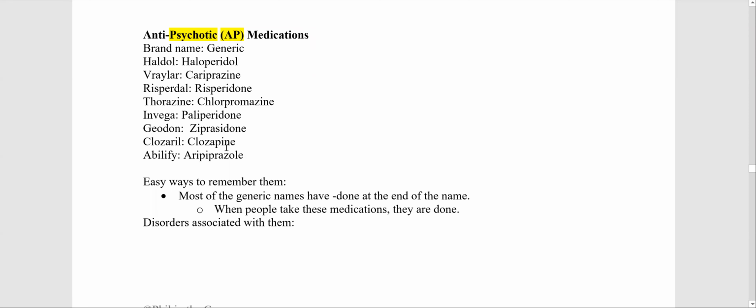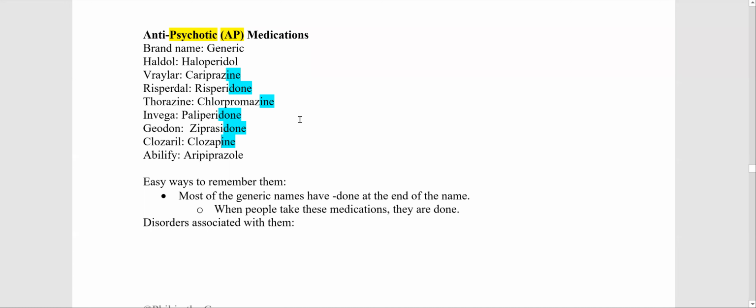And we'll start with the generic name. Most of them have INE and or DONE at the end. So if somebody is taking an antipsychotic medication, they are typically done. Why? Because it tends to slow them down quite a bit.